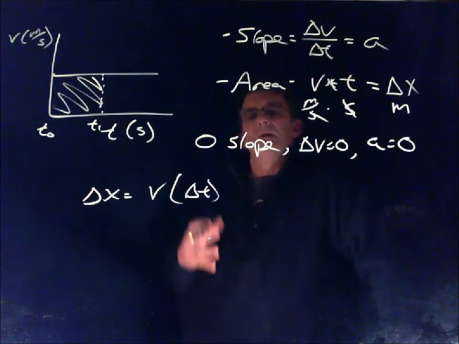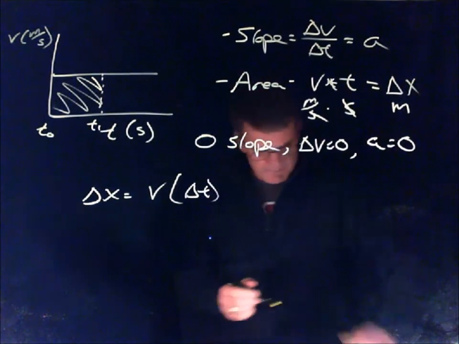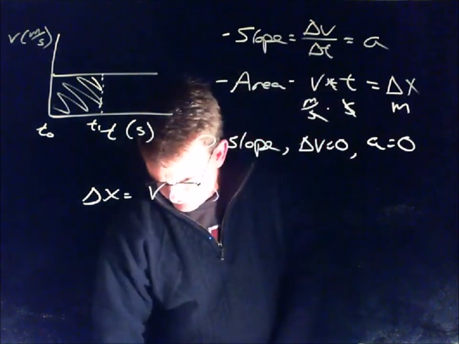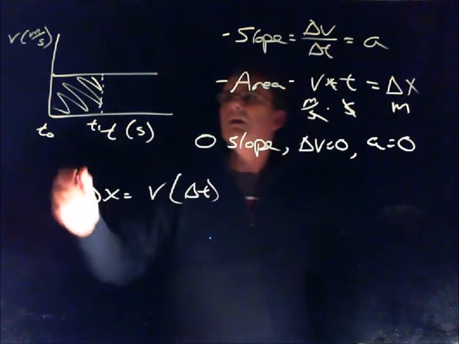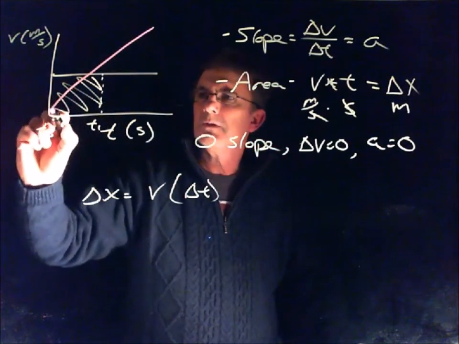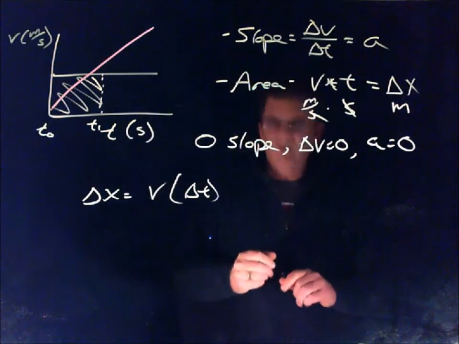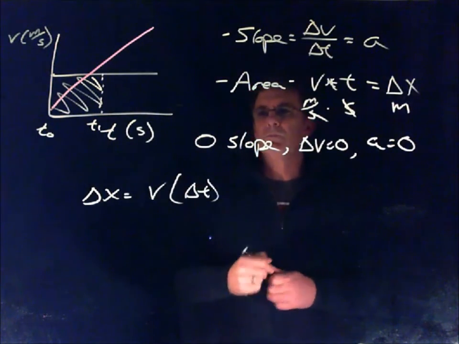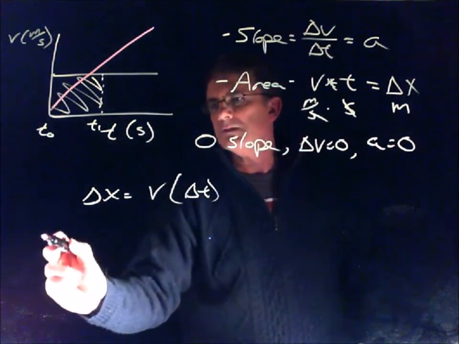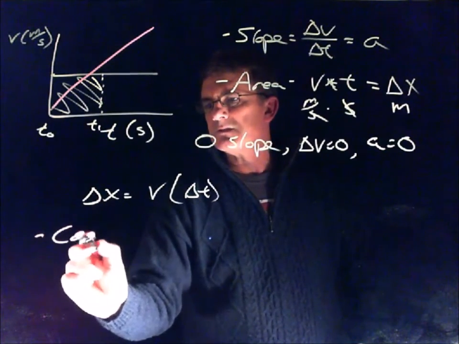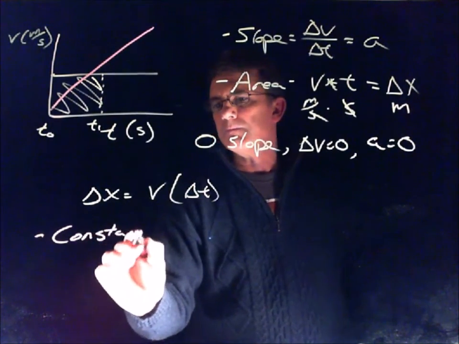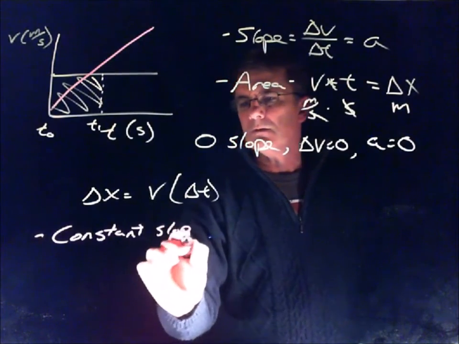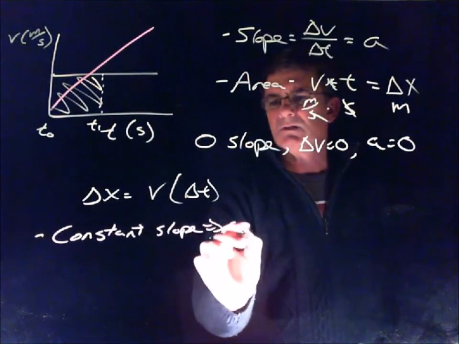area curve. If the slope was something a little different, let's say we have a constant linear slope. What I'm saying is constant slope means a constant acceleration.